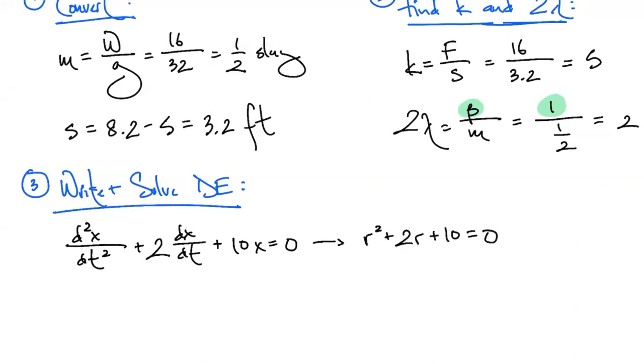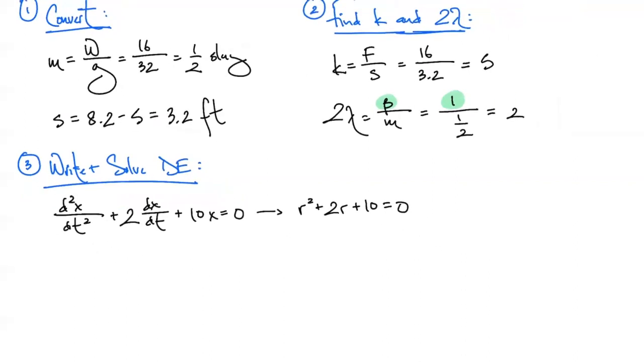We can see immediately that this is non-factorable, so let's use the quadratic equation: negative b plus or minus the square root of b squared minus 4 times a times c, over 2.